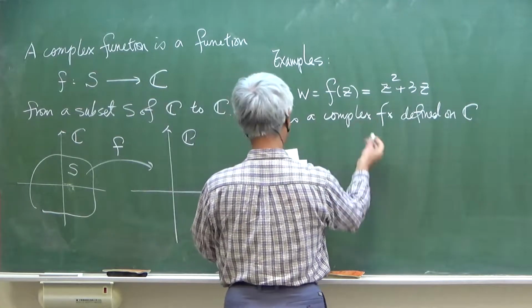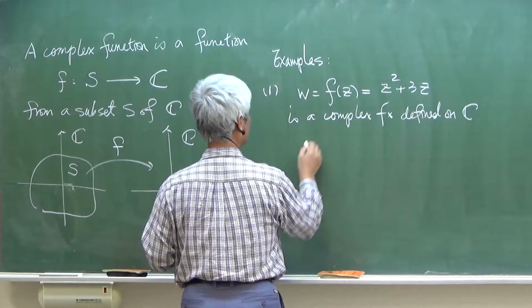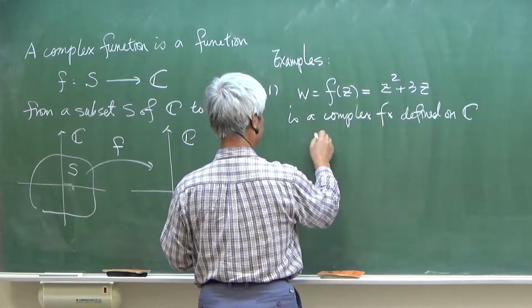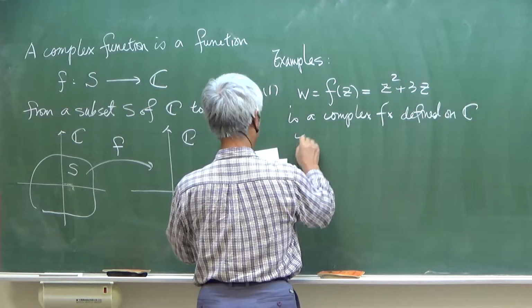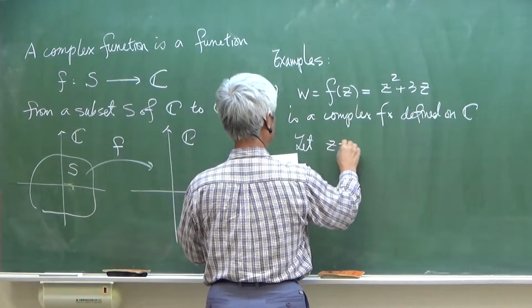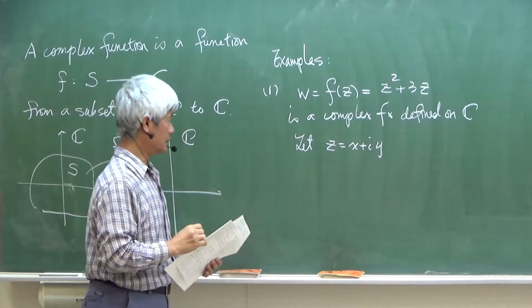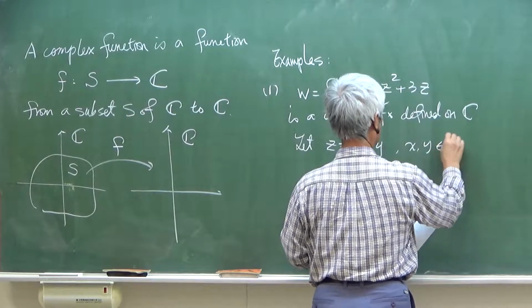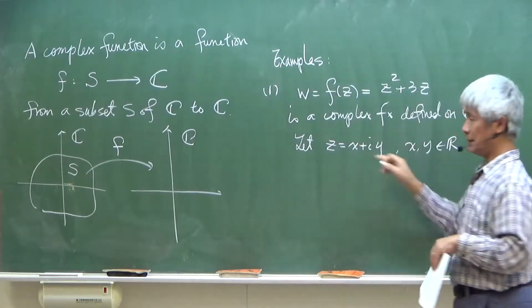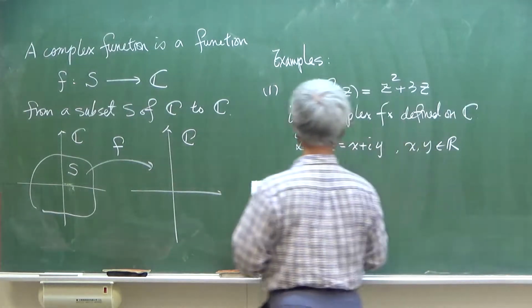For this function, I let Z be X plus iY, where X is the real part and Y is the imaginary part.